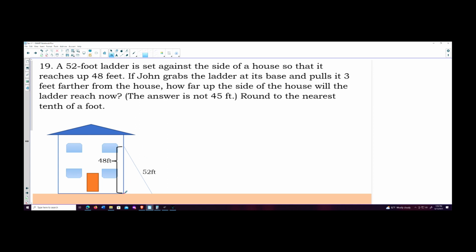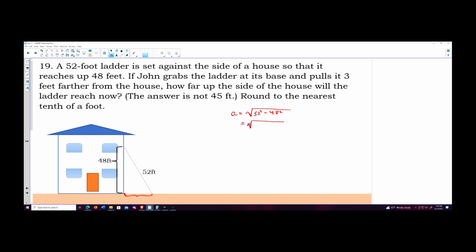I want to see the distance before I even start, from there to there, because that's the leg. So I am going to use A is equal to the square root of c squared, or 52 squared, minus 48 squared. Go to the calculator and check that out.